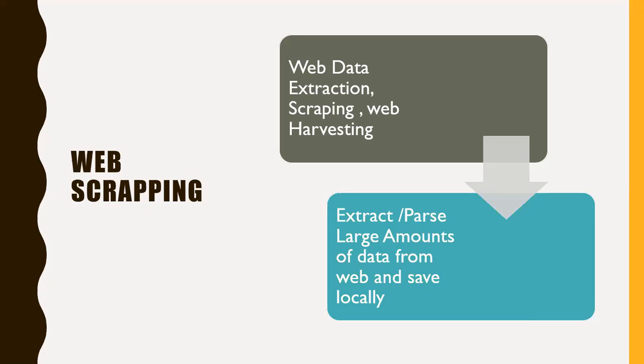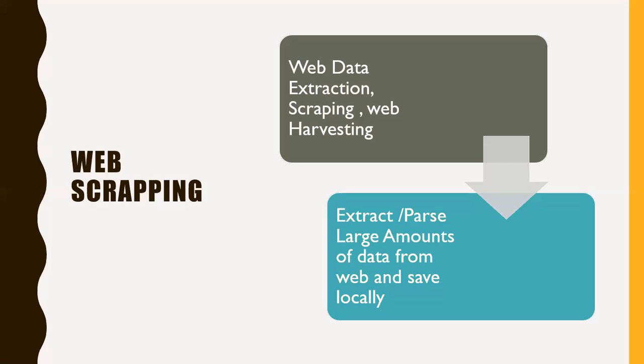Obviously there are tons of software you can find freely available in the market, and almost every programming language, like Python, C Sharp, Java, everyone can do this web scraping with a reasonable amount of effort.